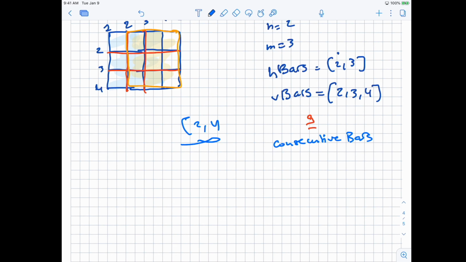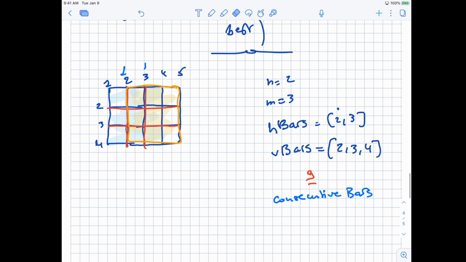And this is valid for both horizontal and vertical because same thing, if let's say we had only 2, we didn't have 3, then we can only take this one, this one, right? So we can take only this area here. If we had only maybe 3, then that means we can take only this area, but we can't take a hole that removes both 2 and 3.